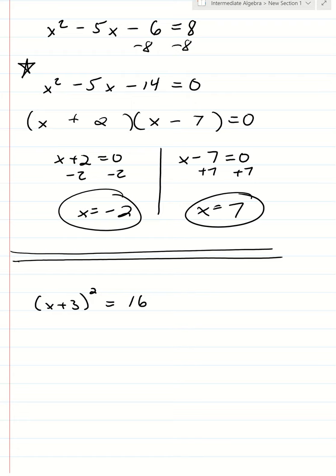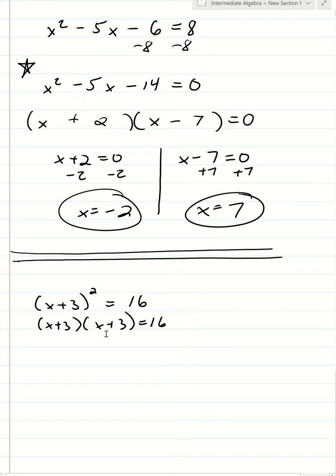Well, the first thing that we're going to have to do here on the left side, x plus 3 squared. Remember, that's the same thing as x plus 3 times x plus 3 equaling 16. And so now, let's multiply together the left side.